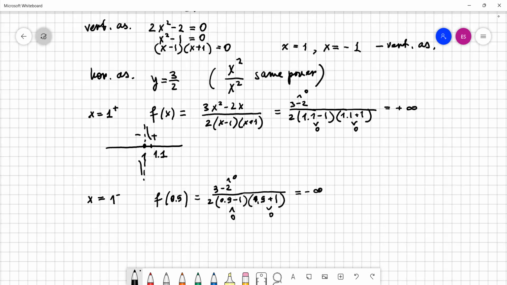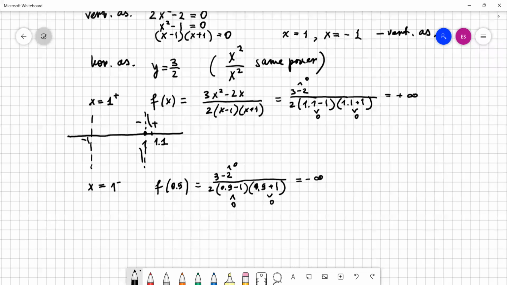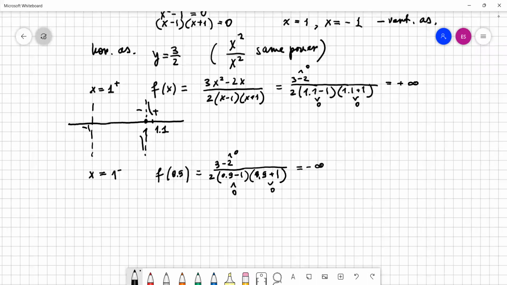Now we are going to repeat this with -1. I'm going to just choose -1 here. And for -1, this parenthesis is going to be always negative, right? Around -1, it's all negative numbers. I'm just going to make it like 3x squared minus 2x, 2 times x minus 1, x plus 1.